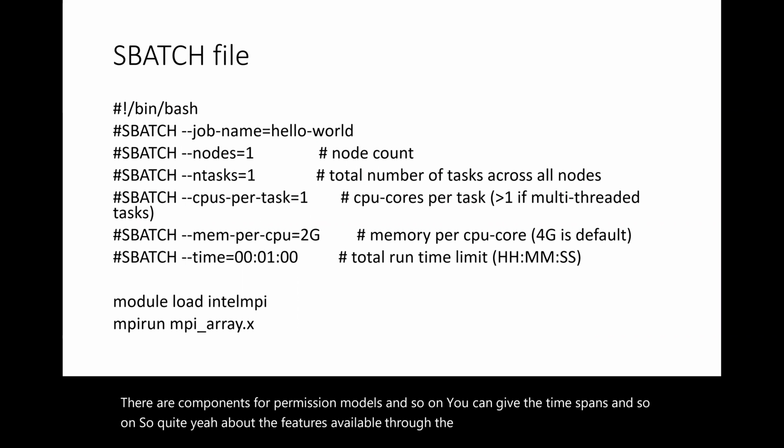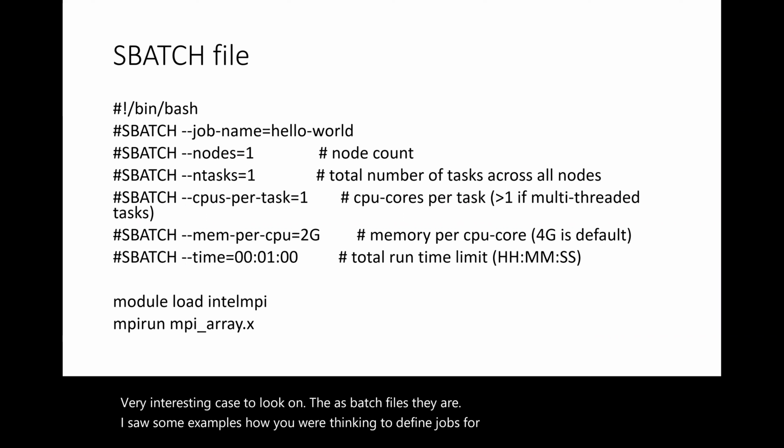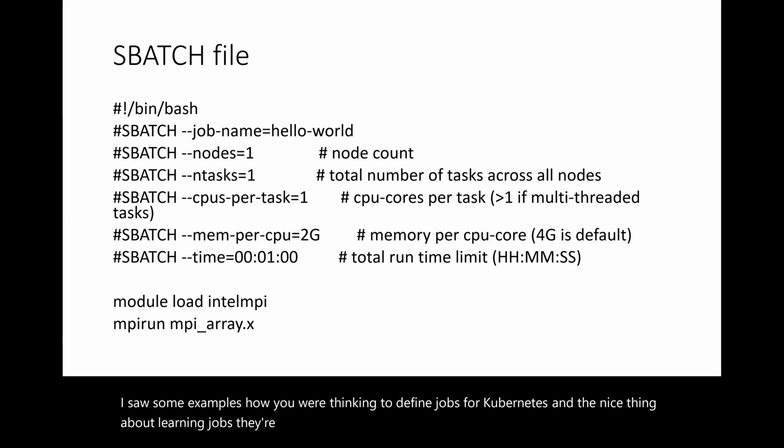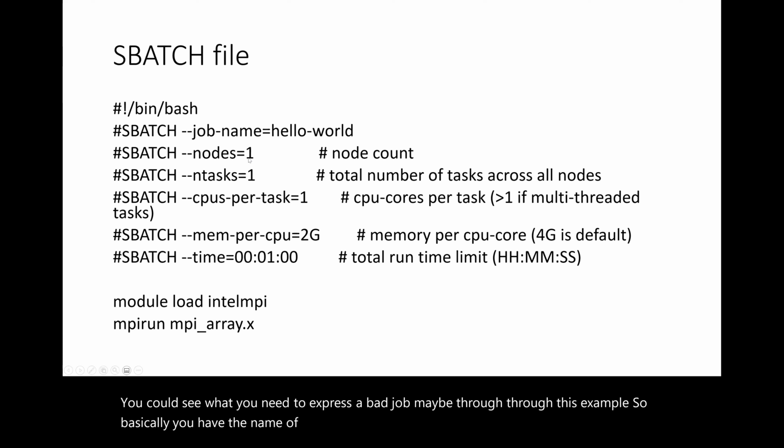Very interesting is to look at the batch files. I saw some examples of how you are thinking to define jobs for Kubernetes. The nice thing about Slurm jobs is that they're very compact. You can see what you need to express a batch job through this example. Basically, you have a name of the batch job.